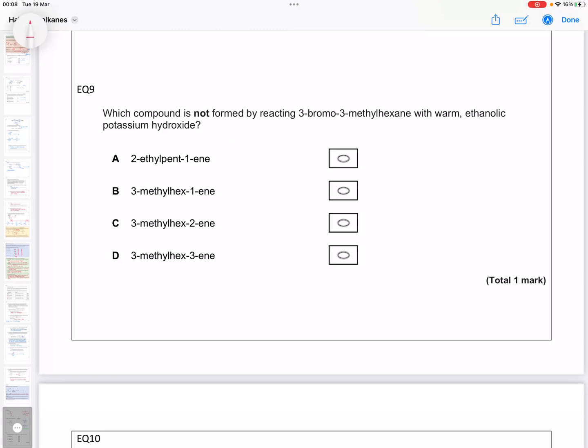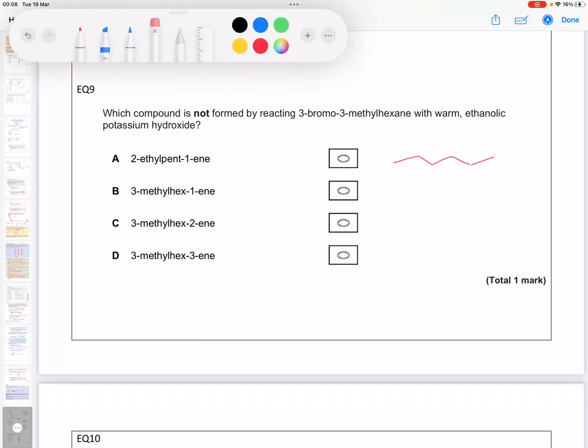So all of these are alkenes. So in all of these cases, we're going to be making just an elimination reaction. Let's have a look. We've got our 3-bromo, 3-methyl, 1, 2, 3.